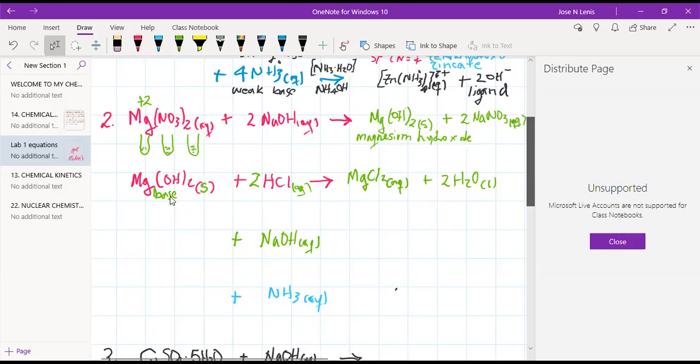Here, this is behaving as a base, and this is behaving as an acid. So depending on the environment, this behavior may or may not change. Here, clearly, forming a new compound, this is behaving as a base.